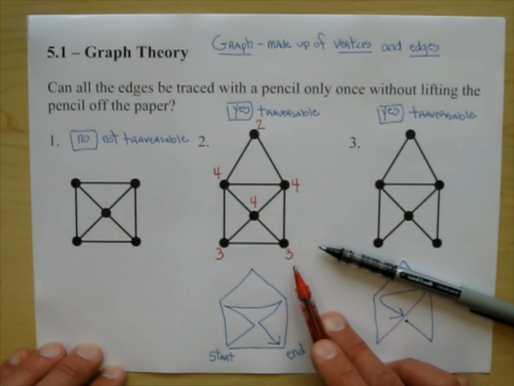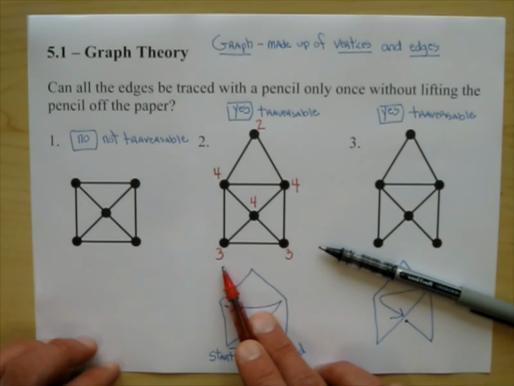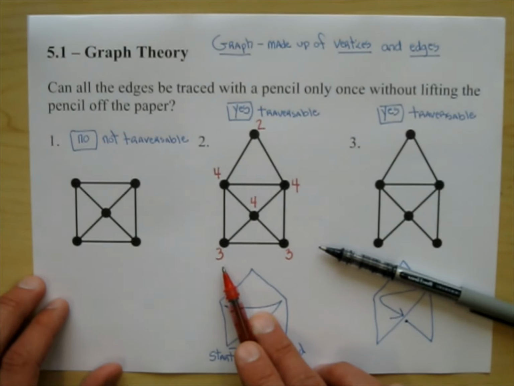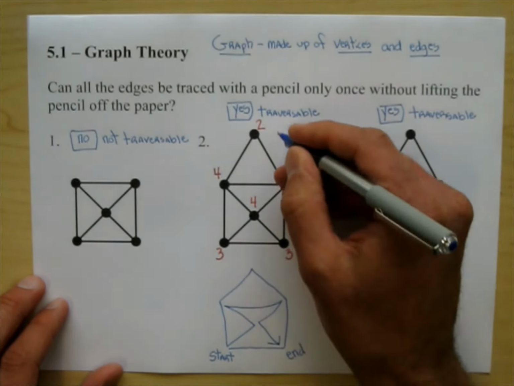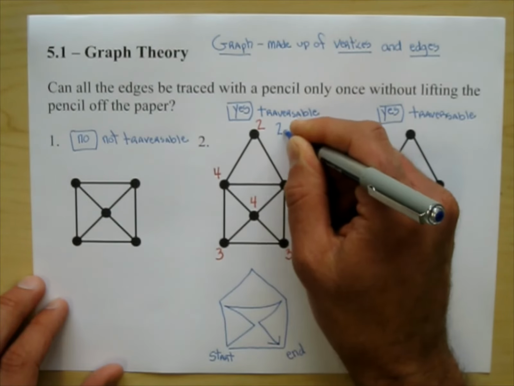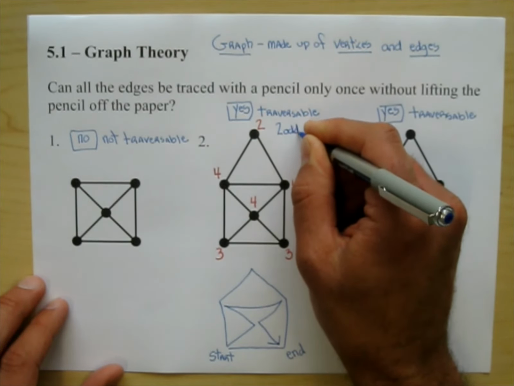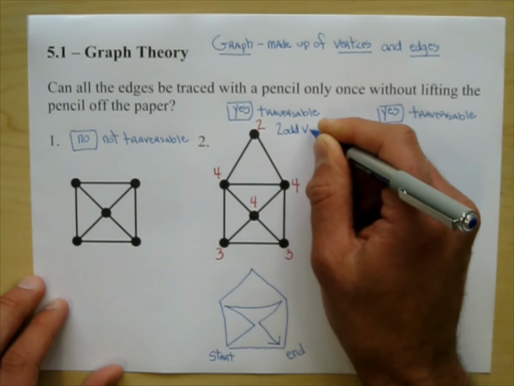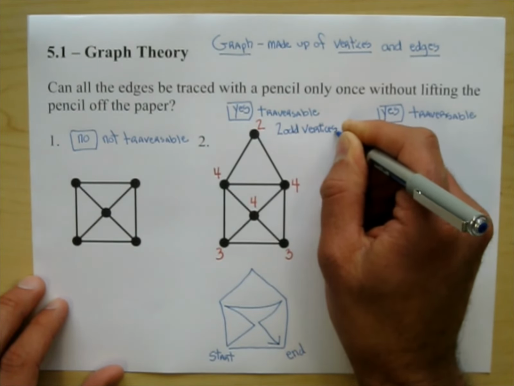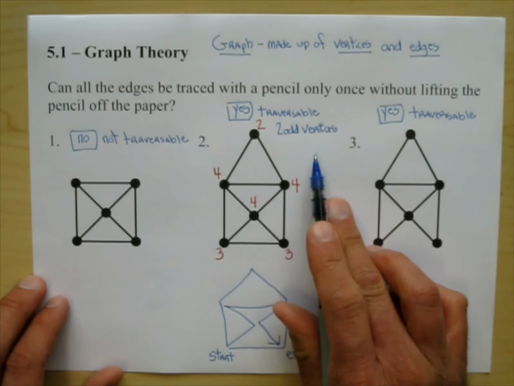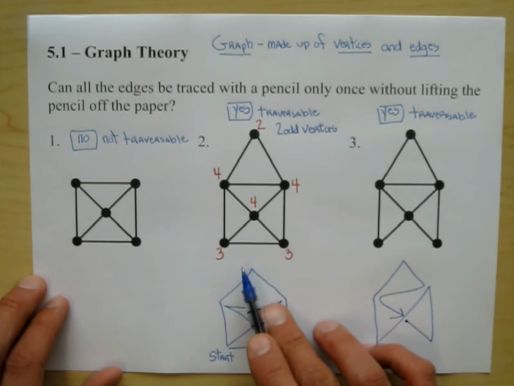So that's why the end point is an odd number. The start point is an odd number, which makes this traversable. You know a graph is traversable if it has 2 odd vertices. 2 odd vertices makes the graph traversable.